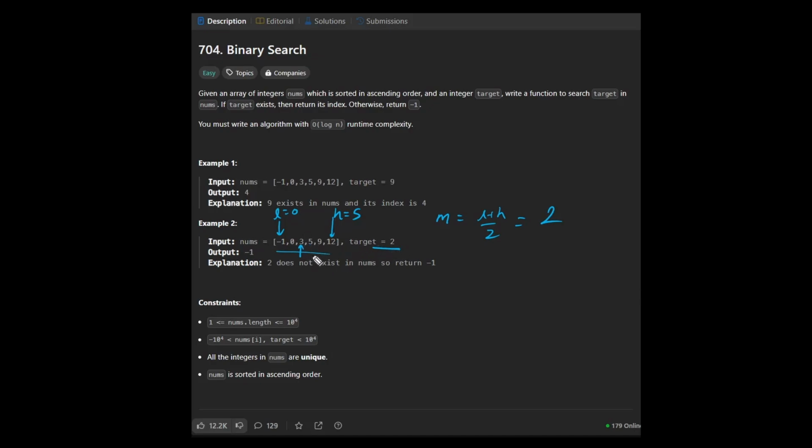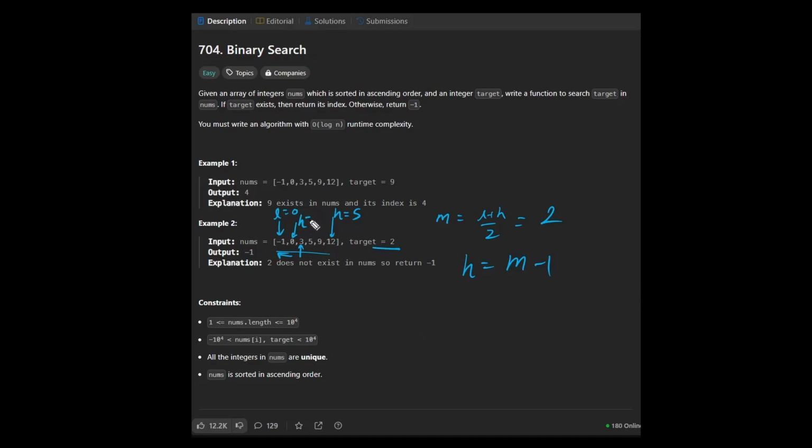But on which side of the array should 2 be? On the left side, right? It's less than 3. So this time we would move high. High would be moved to middle minus 1. This is the midpoint. This is the high point.